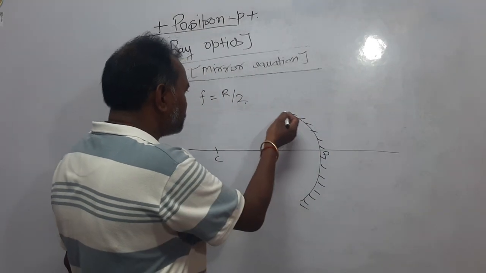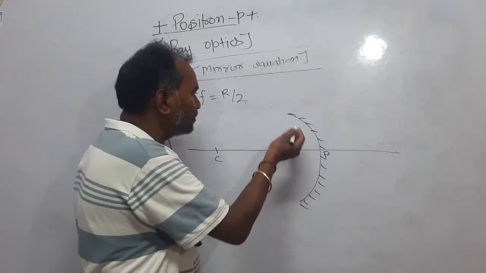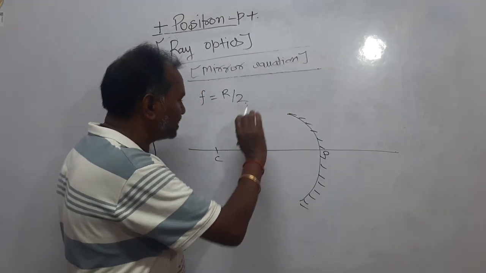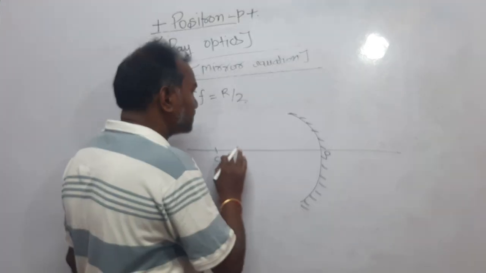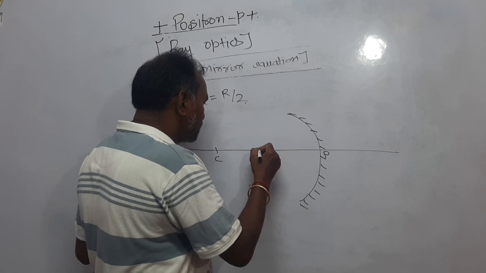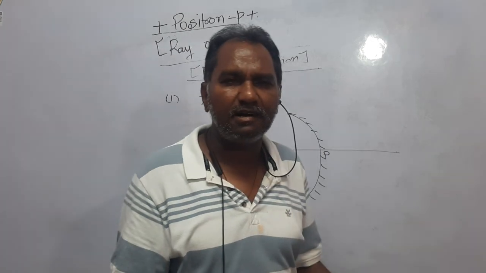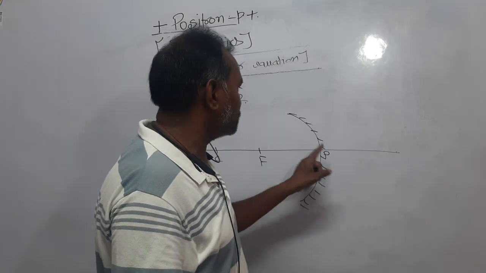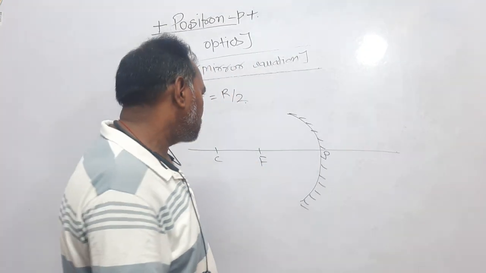If you imagine the whole sphere, it would have been like so. The center of that sphere is the center of curvature of this mirror, and this is the focal length. Now I am not saying that it is the midpoint of the center of curvature and pole, because we are going to prove the same.